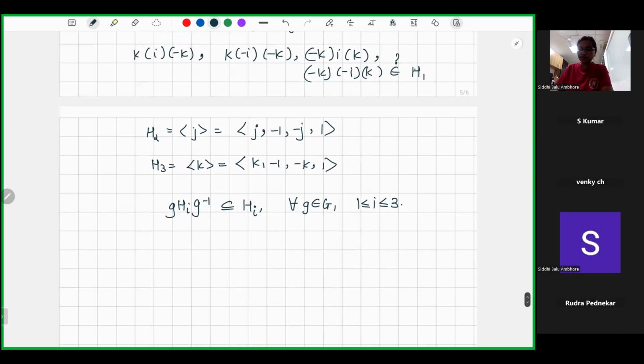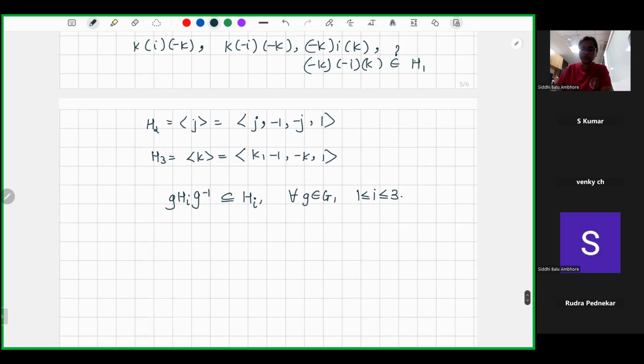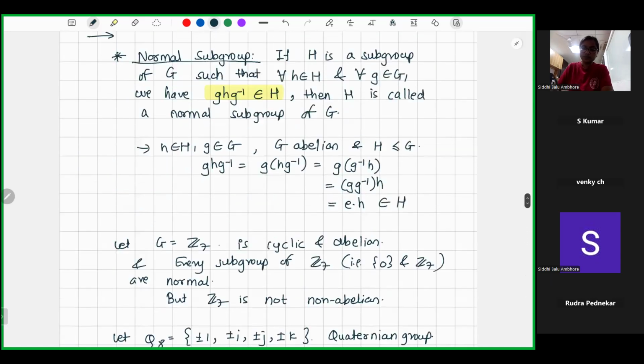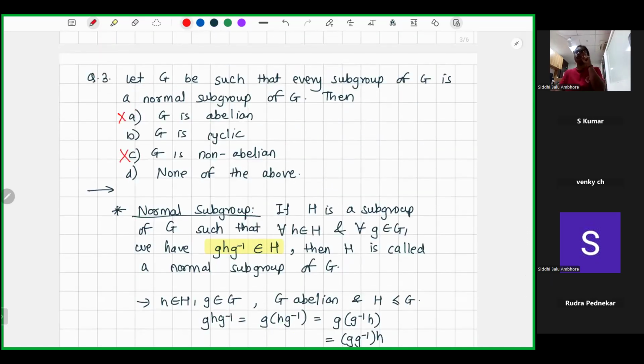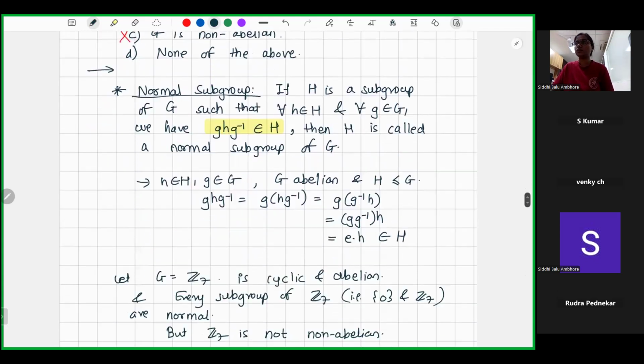So the answer to this question is none of the above, because we got a counterexample for every option. The moment I get a counterexample for something being non-abelian, it can also be viewed as a counterexample for something being non-cyclic. Because if something was cyclic, it needs to be abelian first. Okay, any doubts? No, okay.